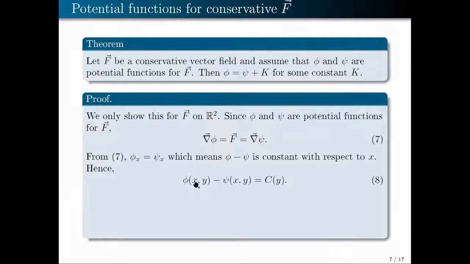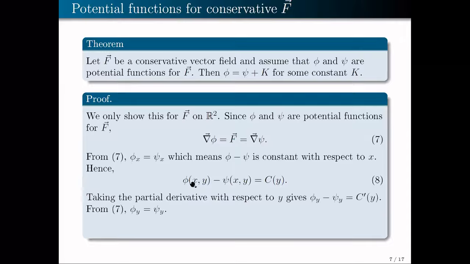Since phi and psi are functions of x and y, and phi minus psi is constant with respect to x, then we have c as a function of the variable y. Okay, so given this, we know that the partial derivatives with respect to y are as follows. Okay, so phi sub y minus psi sub y equals c prime of y.